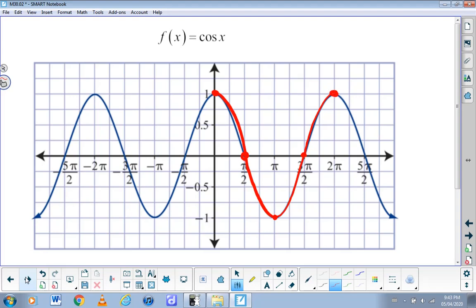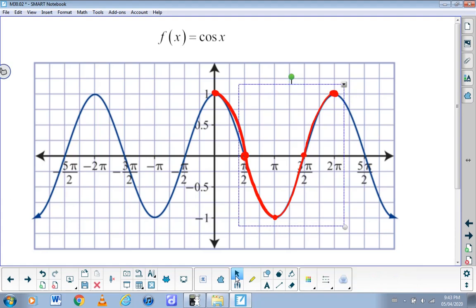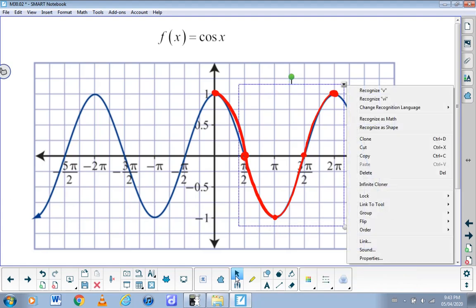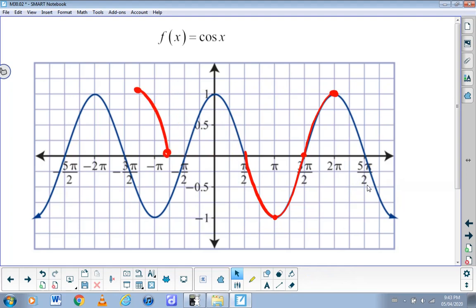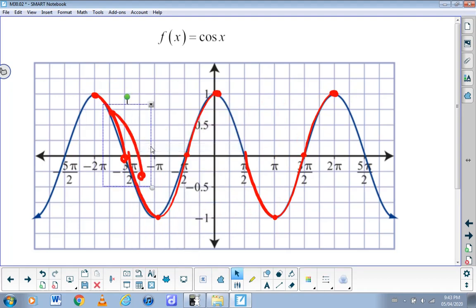And that thing gets repeated elsewhere as well. Well, I'm dragging across pieces. I was hoping it would have come as one piece, but you get the idea that I can take that piece and I can replicate it in both directions. And I prefer to start at x equals 0 when I talk about the 4 pieces.